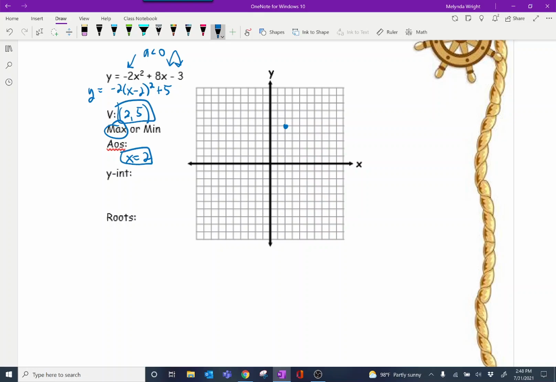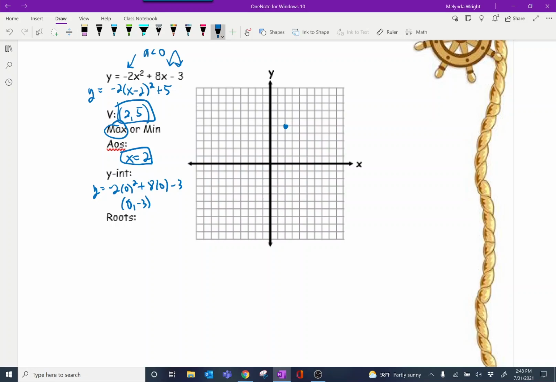The y-intercept is when x is 0. So y equals -2 times 0 squared plus 8 times 0 minus 3. So it's at -3. So (0, -3). So let's plot that. 1, 2, 3 right here.